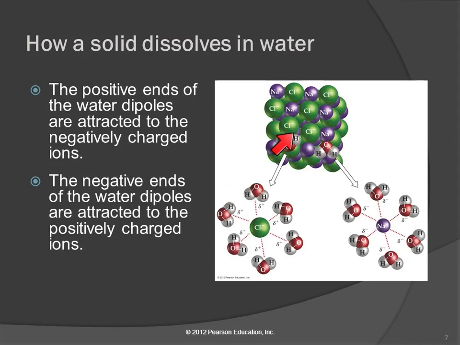And the water molecules come up to it, and the positive ends, the hydrogen ends of the water molecules are attracted to these negative ions because the hydrogen end is slightly positive. And so they will come up and surround it and make it comfortable. Because in order for this chloride to leave the attraction that it has for these sodium ions, that force of attraction has to be replaced by something. And one water molecule is not going to do it, but a bunch of water molecules surrounding it.